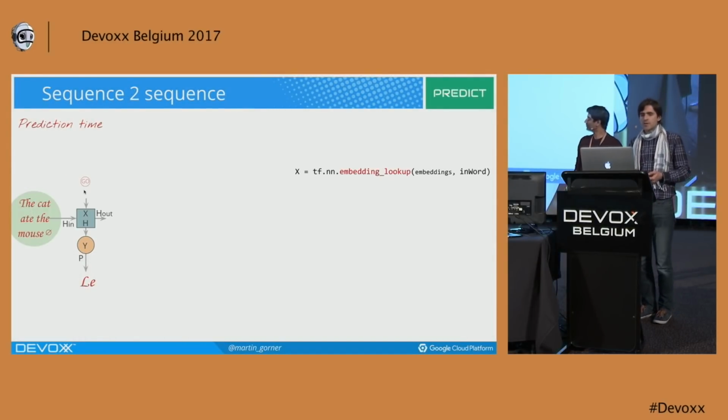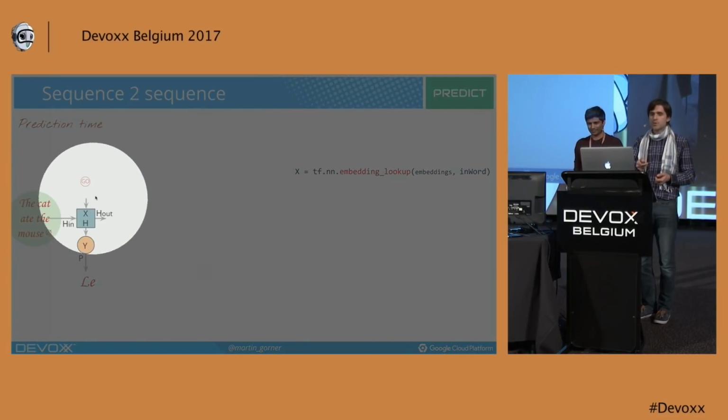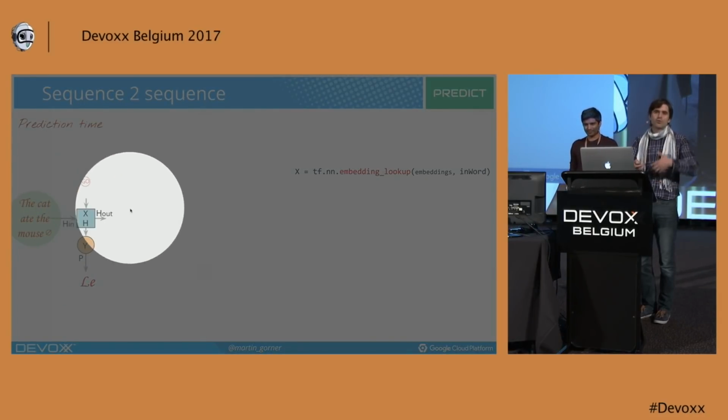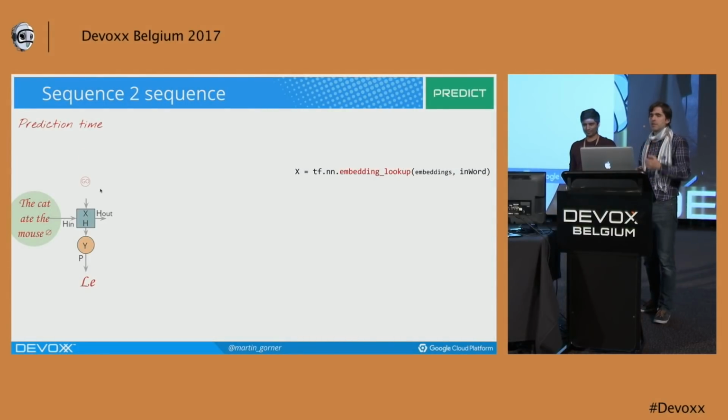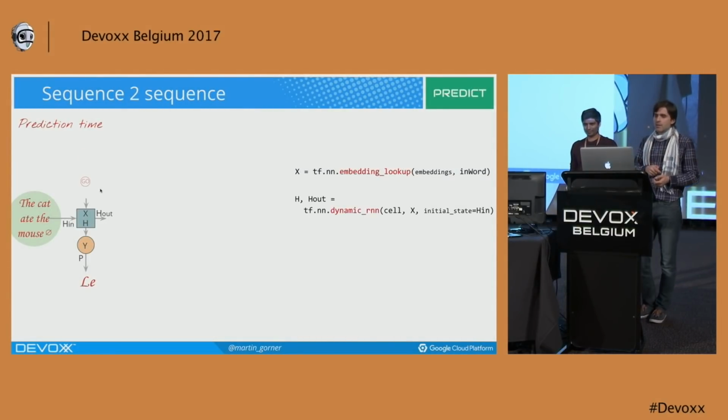And this decoder cell needs also something on its inputs. It's this Go token, which is like a word. So I need to embed it, which is why I use embedding lookup. Then I run this through my cell. Dynamic RNN can run something through one cell if the input is of size 1. And this gives me an output and an output state.